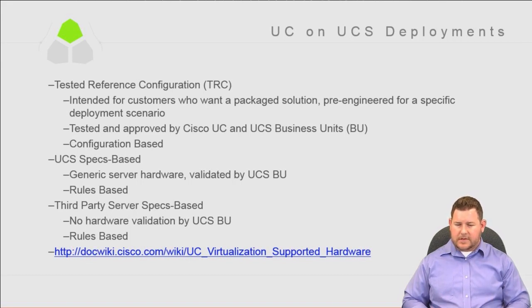So the first thing, tested reference configurations, TRC. This is for customers who want to have everything in a nice, neat little package. They want everything tested out and ready-made for them to work correctly. So they want a package solution pre-engineered for a specific deployment scenario.